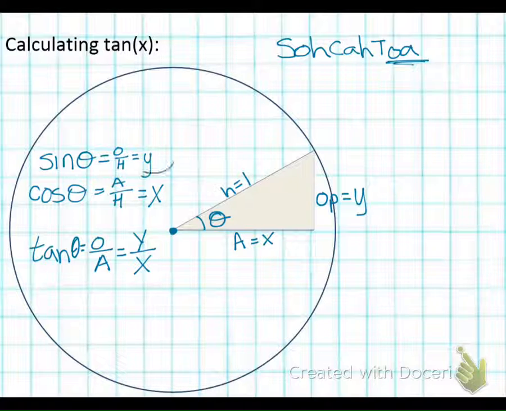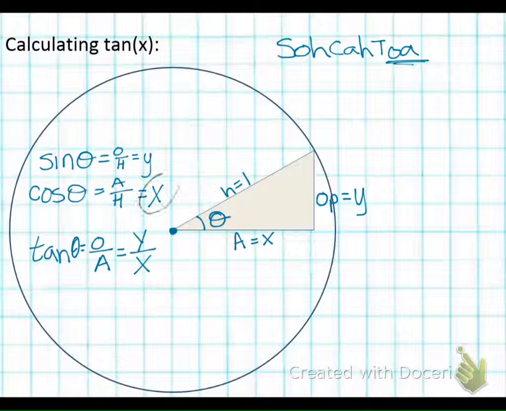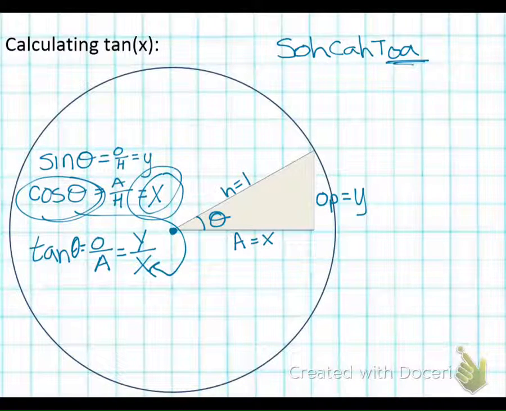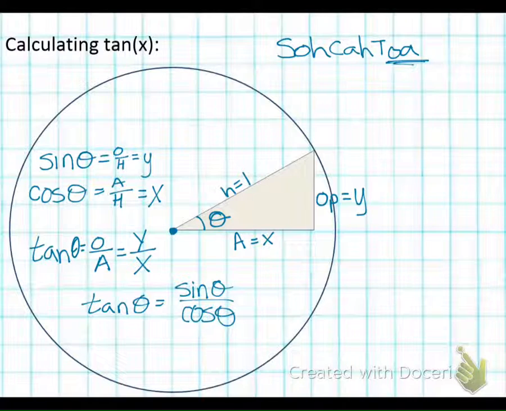Y here is just sine theta, so I could substitute that in here. And x is just equal to cosine theta, so I could substitute that in here. In other words, I could think of tangent theta as sine divided by cosine. So this is just a fun relationship between these three trig functions. You can talk about them in this way.